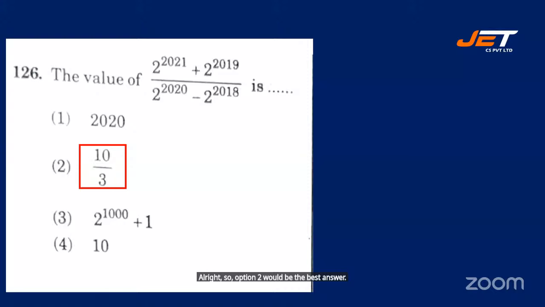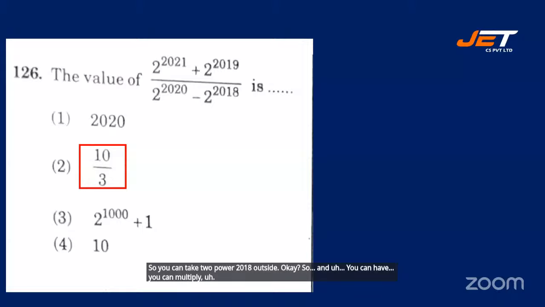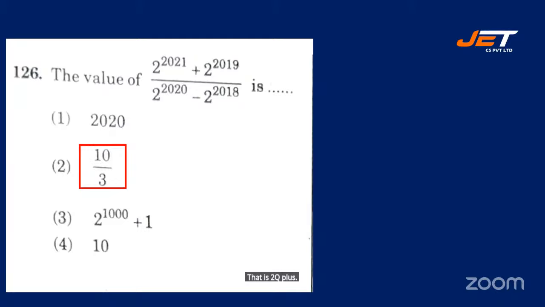So you can take 2 power 2018 outside, and you can multiply 19, 20, 21. That is 2 cube plus 2 divided by, again 2018 outside, then 2 square minus 2 power 1. So with this, you will get 10 by 3. All right, good. Now let's move on to the next question.